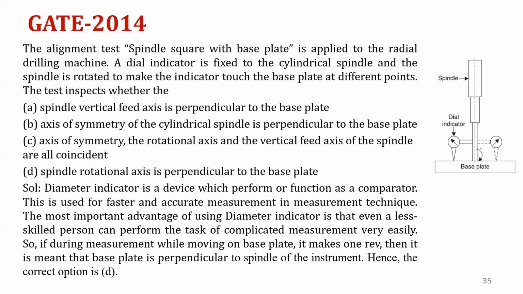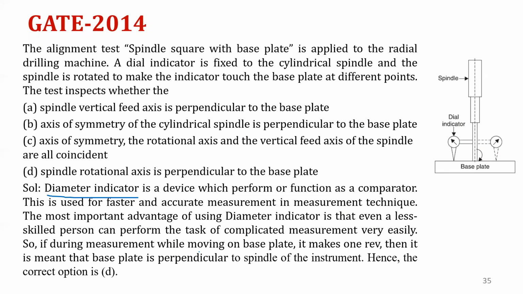So in order to understand this, we need to understand the dial indicator. It is a device which performs a function as a comparator. This is used for faster and accurate measurement in measurement technique. The most important advantage of using a dial indicator is that even a less skilled person can complete the measurement very easily.